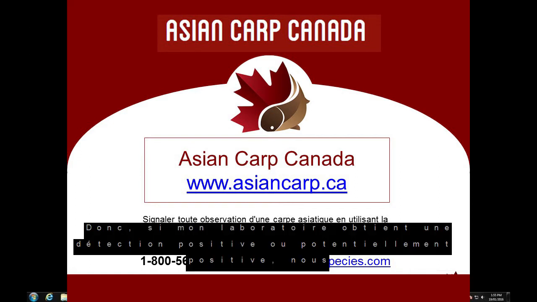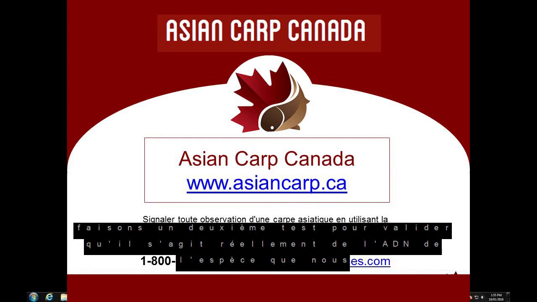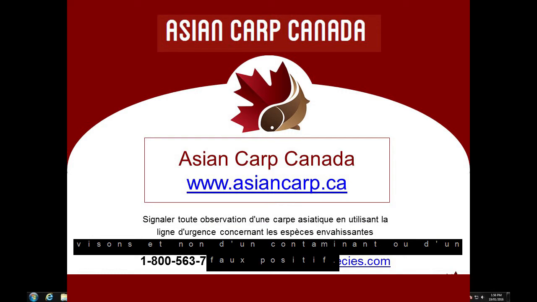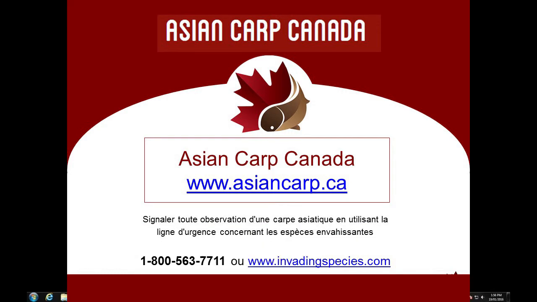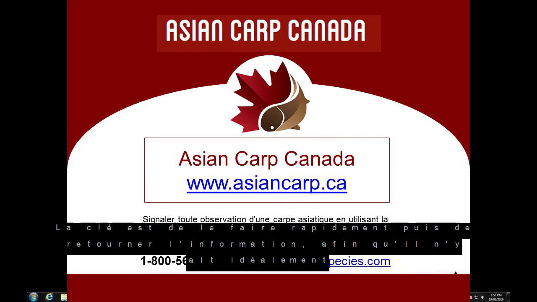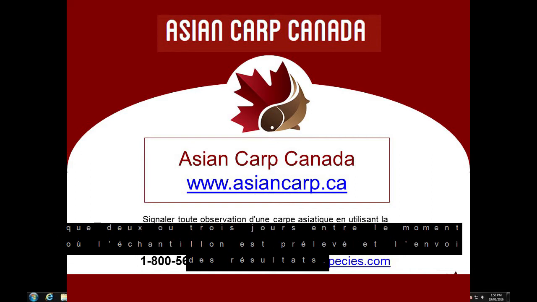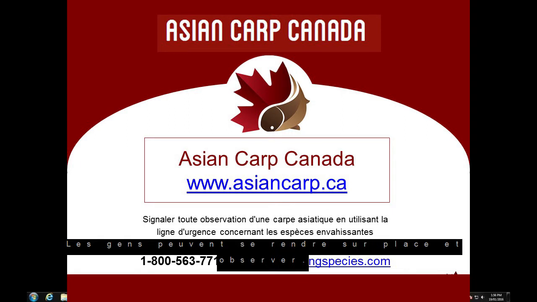So if my lab gets a positive detection or potential positive, we first retest it, validate that it is true DNA from the species we're looking for and not a contaminant or a false positive. The key is to get the information back out quickly, ideally within 2 to 3 days of when the sample was collected, so people can go and look.